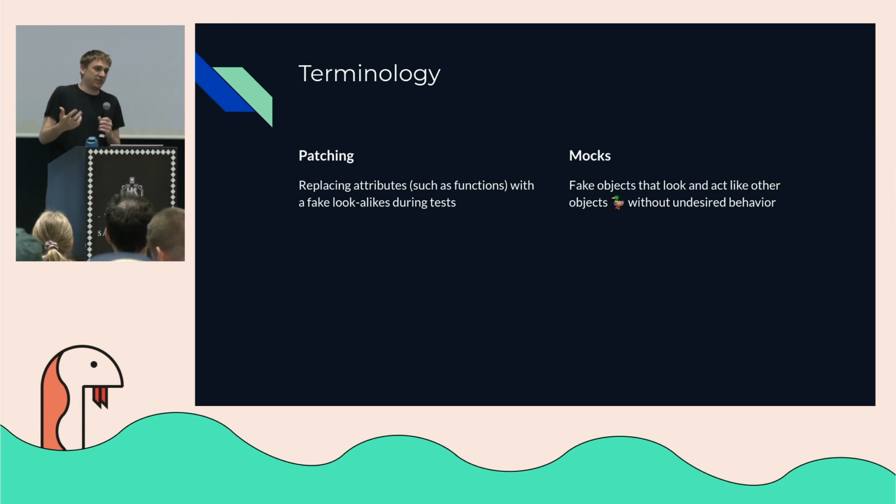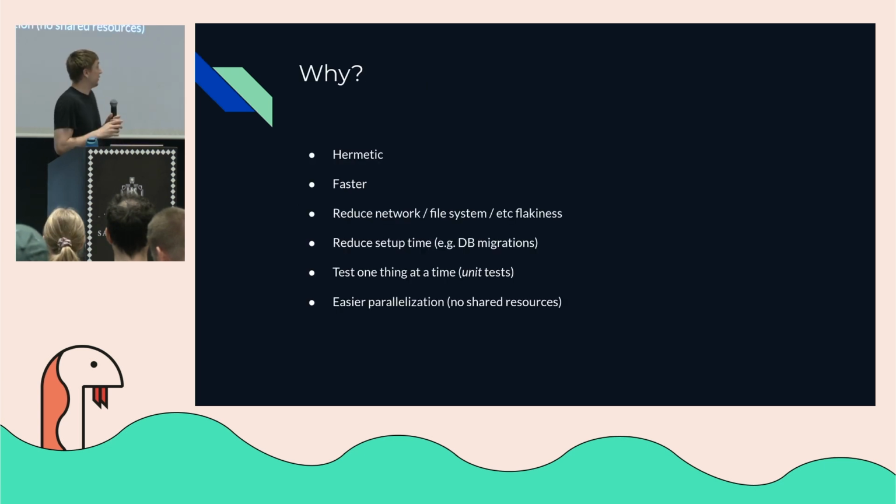you don't want to access the file system during your tests, because those have problems at test time. If you make network requests or you access the file system, you're introducing flakiness or extra state into your tests. Your tests are not hermetic.